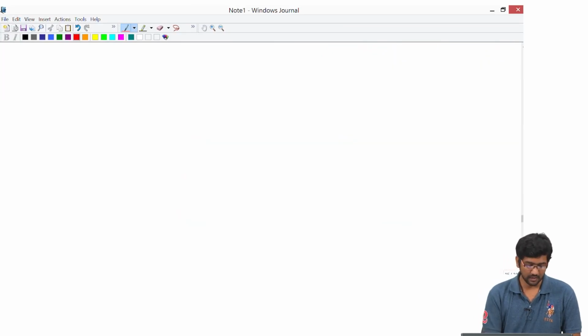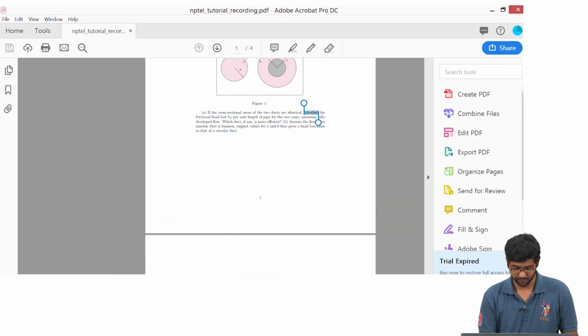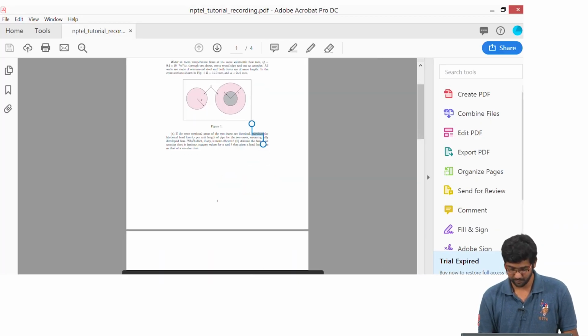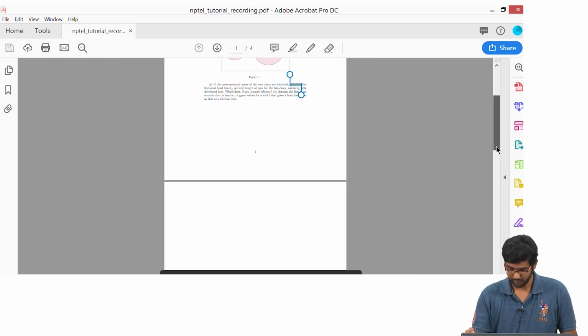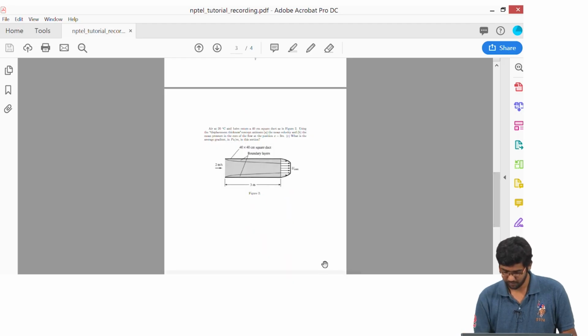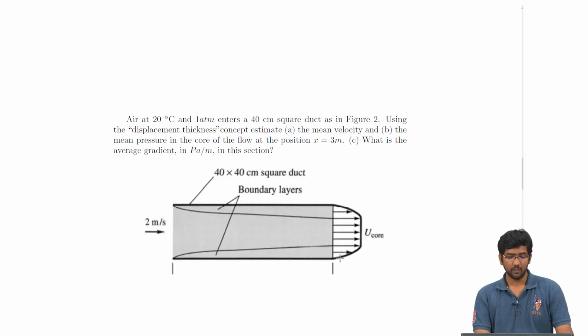Now, let us move on to the second question. In this question we use the concept of displacement thickness to calculate the pressure gradient and the mean velocity.